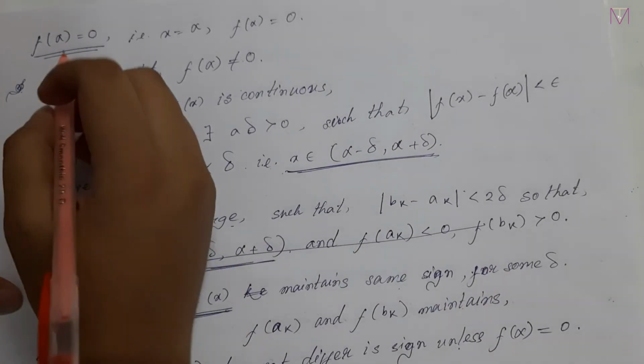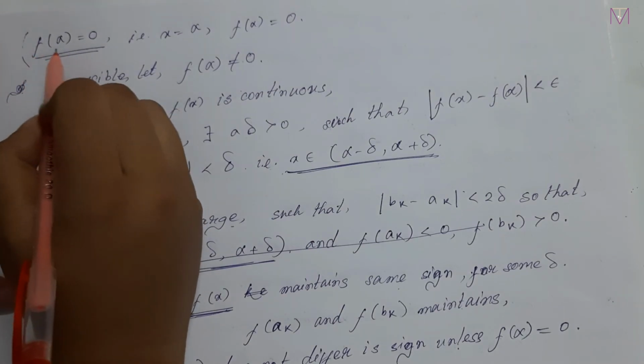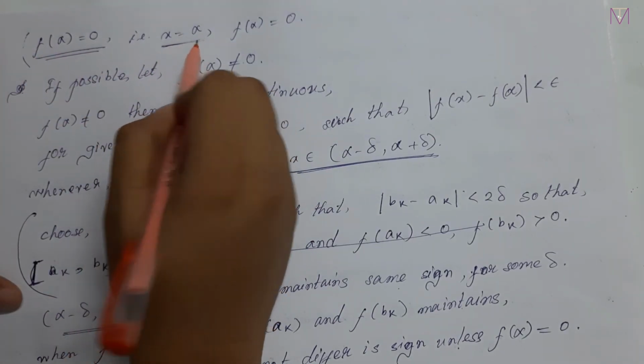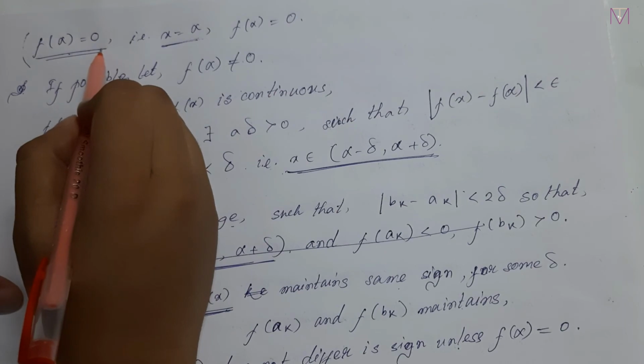In this case, we consider that there will be x equal to alpha where f of alpha is equal to 0.